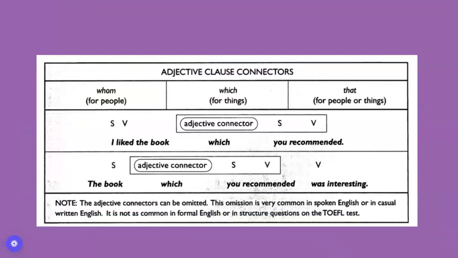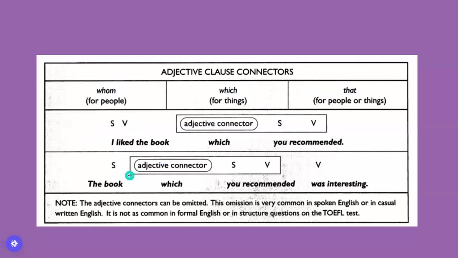Now this is the structure of a sentence with adjective clause connectors, which can use the words whom when describing people, which when describing only things, or that, which can be used for people or things. I liked the book, subject and verb, my connector, which you recommended.